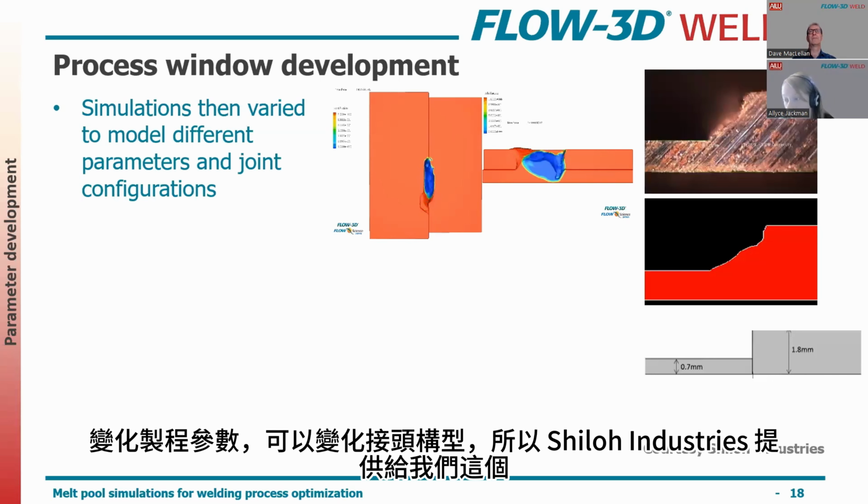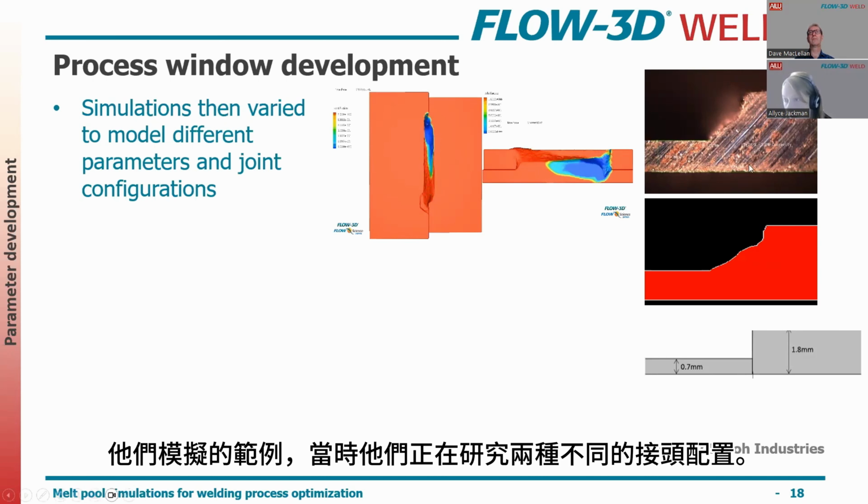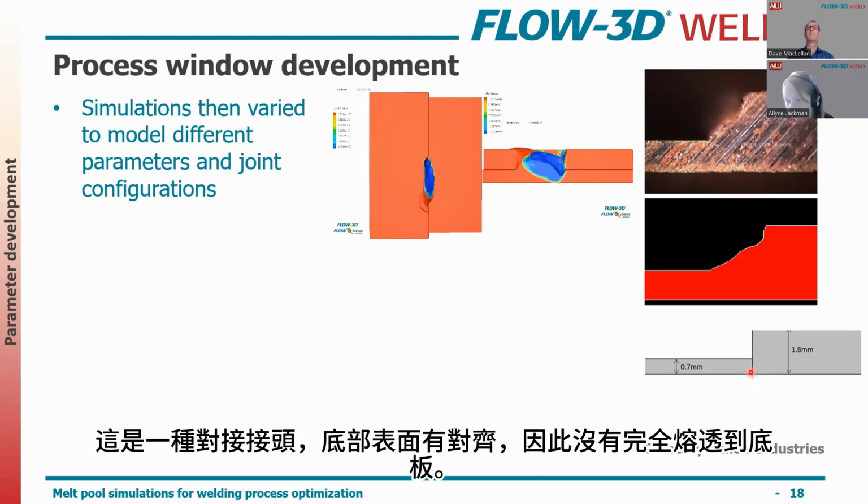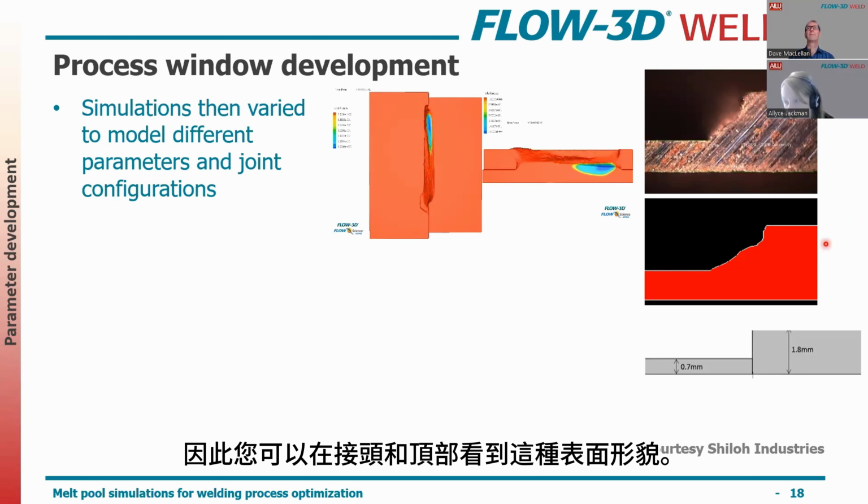So Shiloh Industries provided us this example of their simulation. They were looking at 2 different joint configurations. This is a butt joint where you have the bottom surface in alignment, so there's not full penetration of the weld into the bottom plate. So you get this surface morphology here on the joint and on the top.